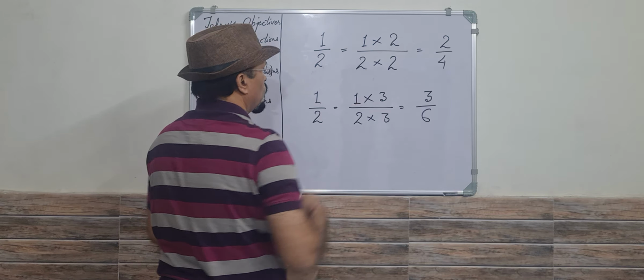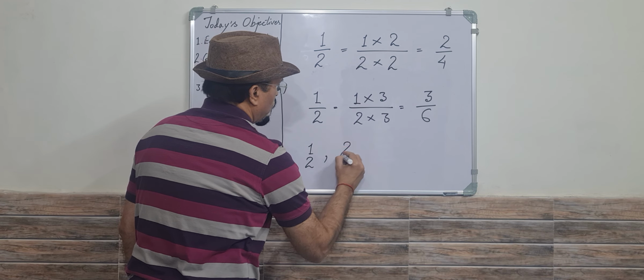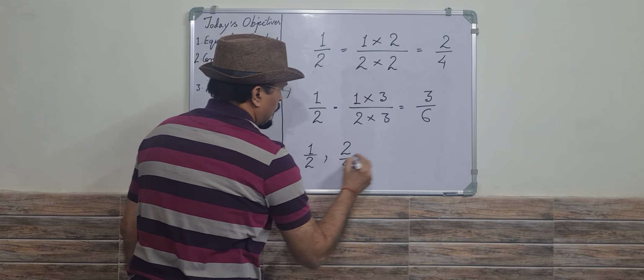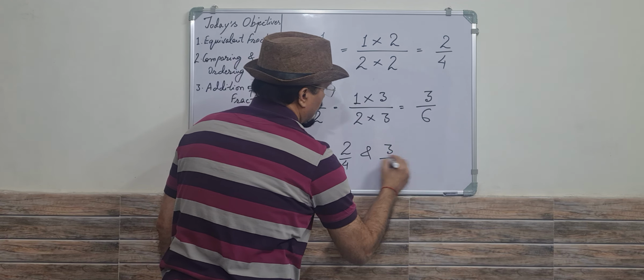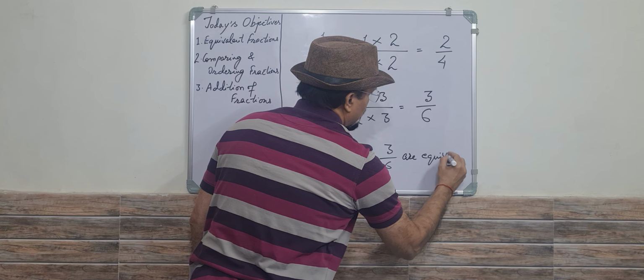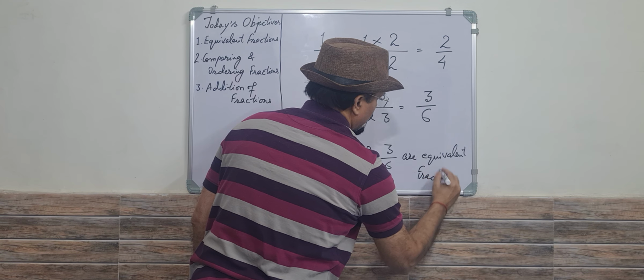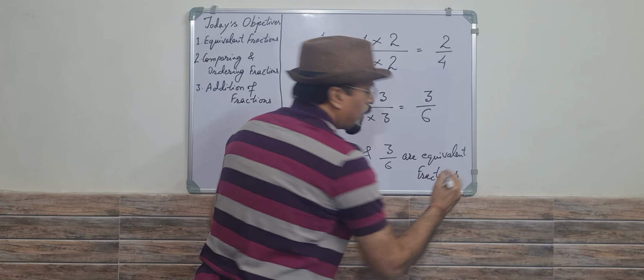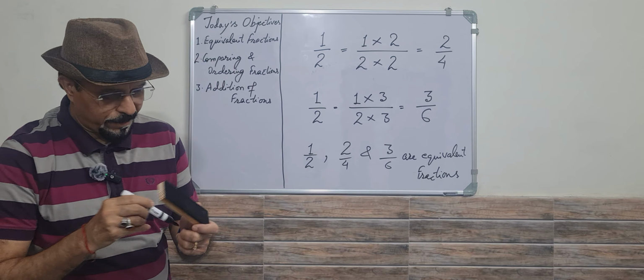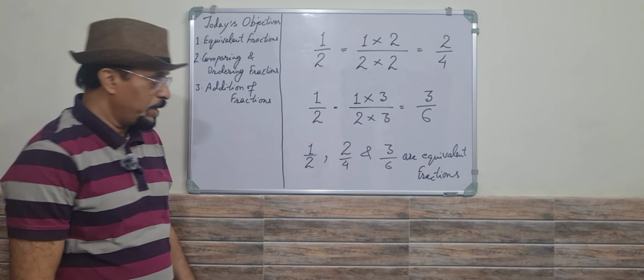So 1 by 2, 2 by 4 and 3 by 6 are equivalent fractions. This is how equivalent fractions are formed.